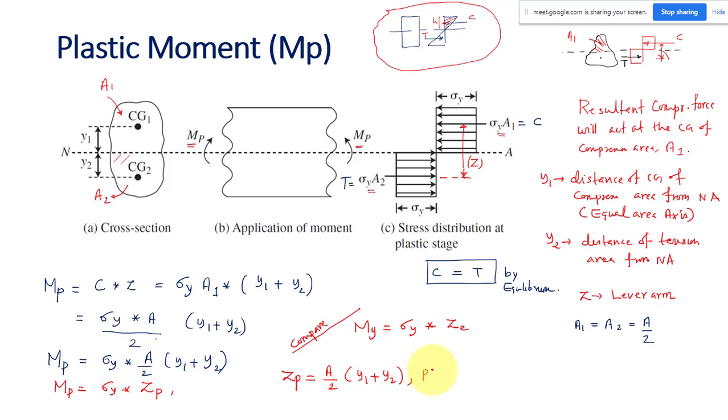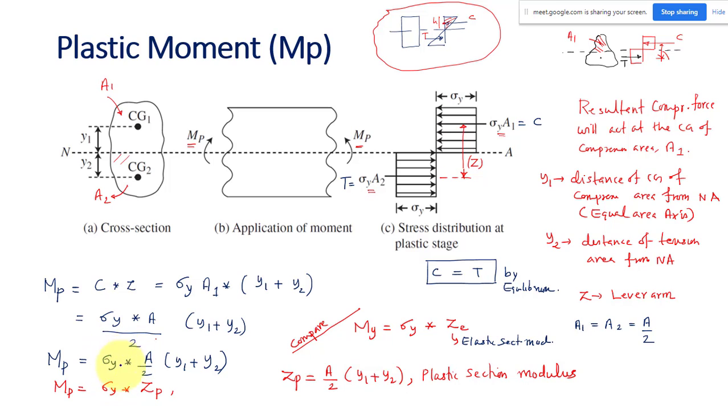Why are we calling it plastic section modulus? Just compare it with this equation. This is called the elastic section modulus. Similarly, this term is called the plastic section modulus.